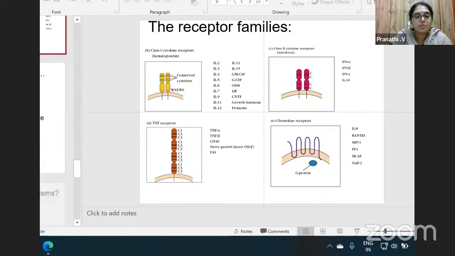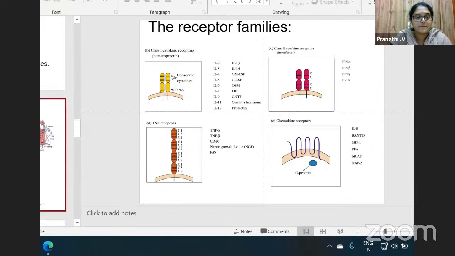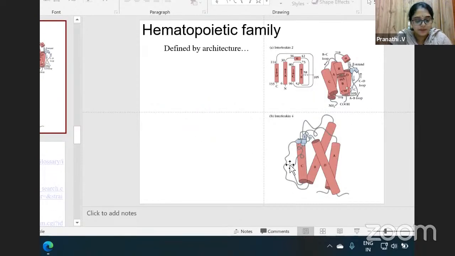Then you have the hematopoietin family. Let me see, I think I have a picture of it. This is the hematopoietin family. Again, a majority of these are cytokine receptors. These receptors have certain motifs in the extracellular domain, that is the amino acid domain. They lack intrinsic tyrosine kinase activity.